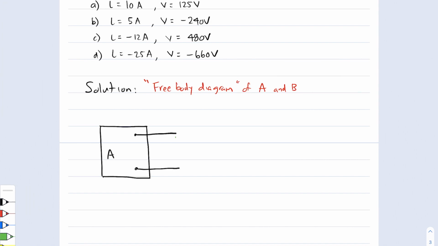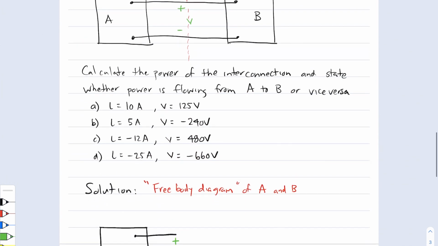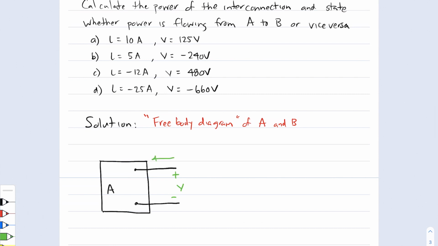Now keep in mind that the voltage still must be respected. The top wire is still at a higher voltage than the bottom. And based on the direction of the current, notice that through the top wire, the current must be flowing in to A like this. It's going to flow through the element, and then it's going to flow back out in this direction. Right? Similarly, for B, we have the two wires like this.